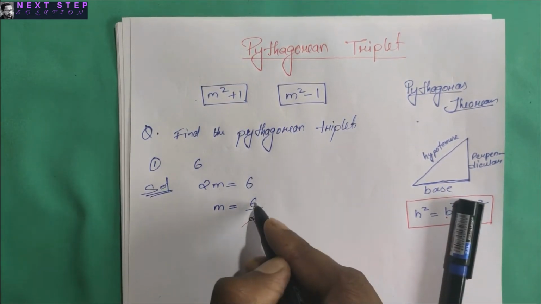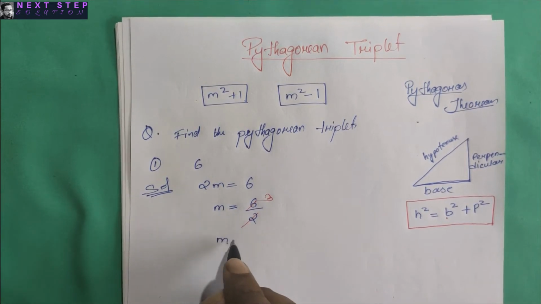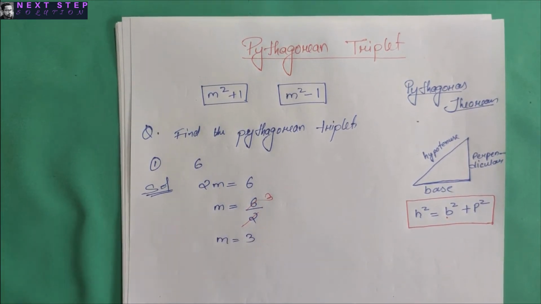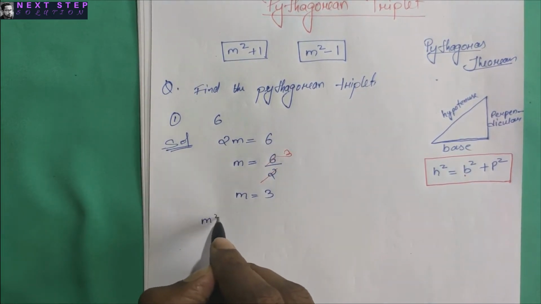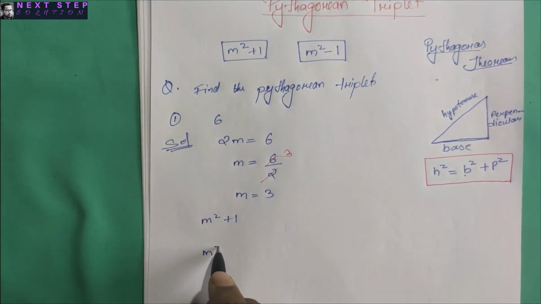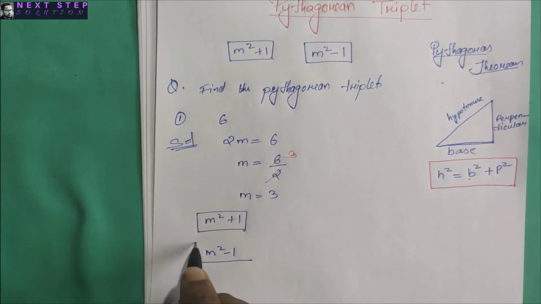Both the numbers are divisible by 2. 2 3s are 6. So m here is 3. Now, the other two numbers of this Pythagorean triplet will be m square plus 1 and m square minus 1. This thing you need to memorize.